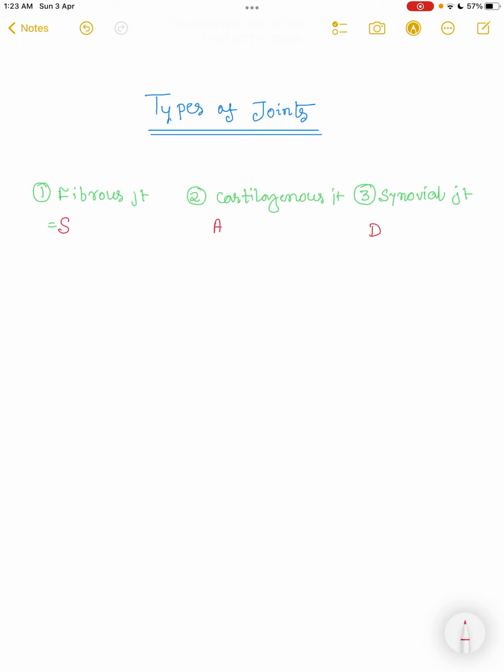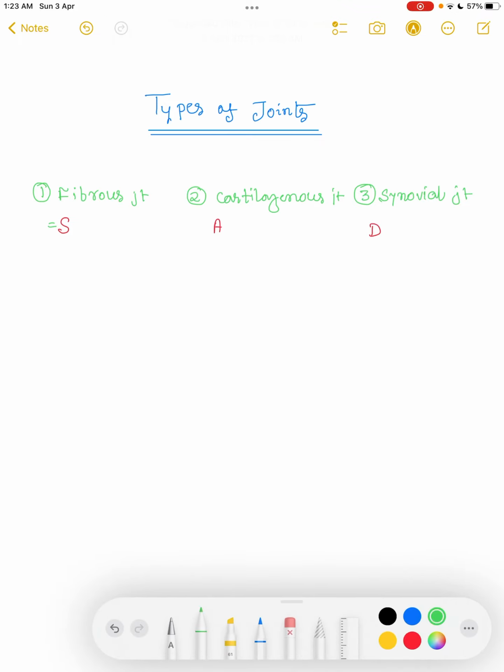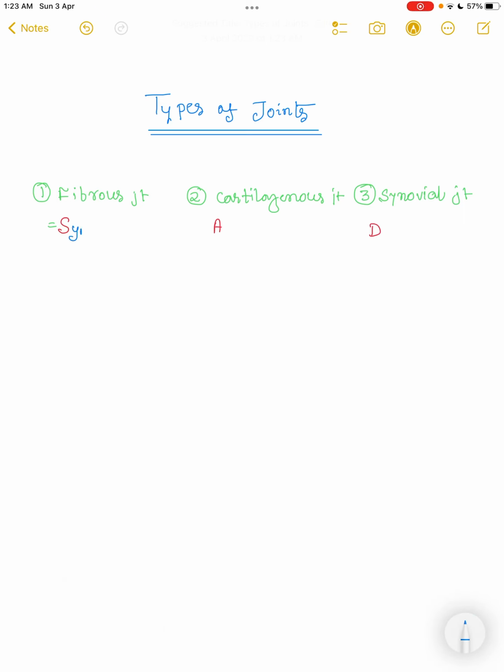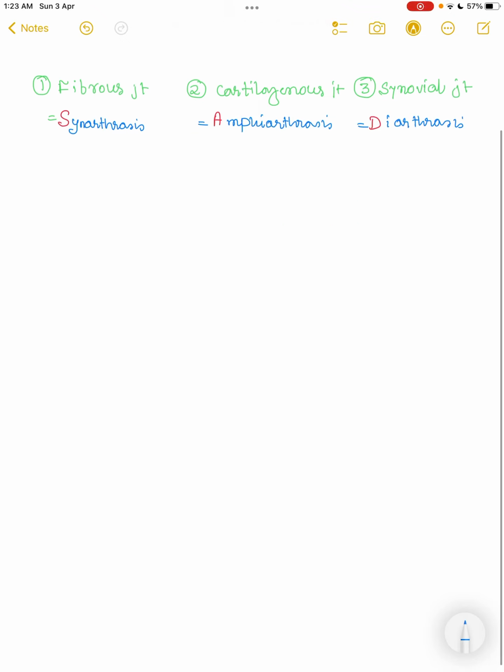S for synarthrosis, A for amphiarthrosis, and D for diarthrosis. Okay, so firstly we are going to discuss the fibrous joint.